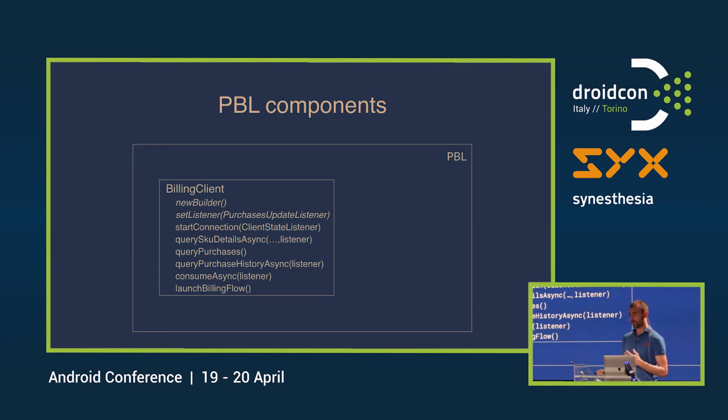Whenever we start the connection to the service, we need to provide a listener to understand when it's ready and when it's not. Some of the methods are marked explicitly as async, so you know this is going to take time and you need to provide a listener for that. Launching billing flows and consuming asynchronously are just counterparts of what was defined in the interface before, so no surprise there.